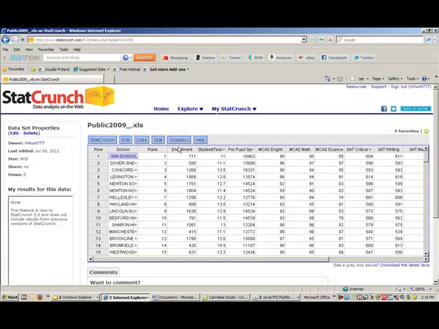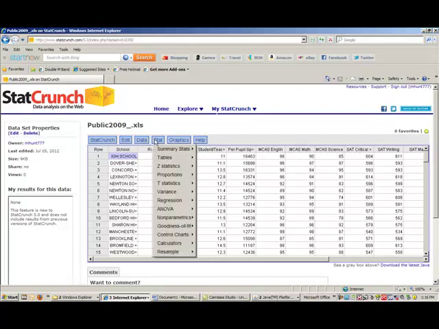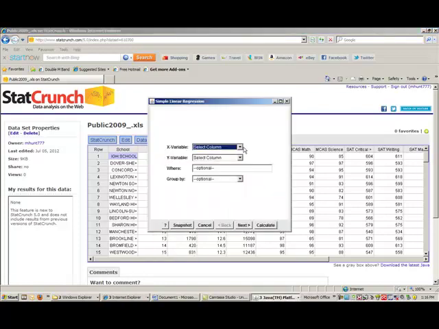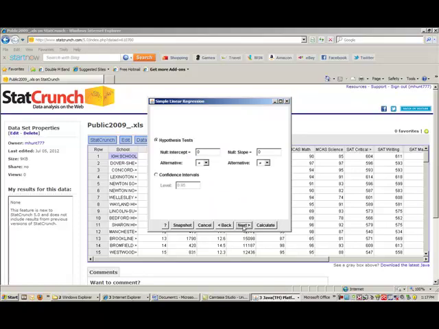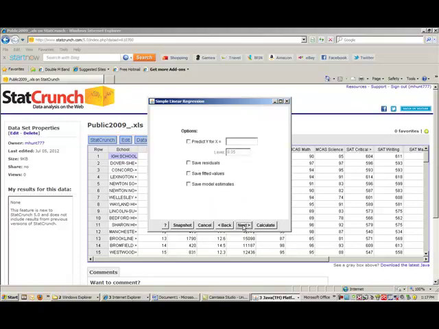Finally, let's look for some regression analysis. Under Stat, we're going to pick Regression and Simple Linear. Let's let our X variable be graduation rate and our Y variable be MCAS English. We're not testing hypotheses yet.